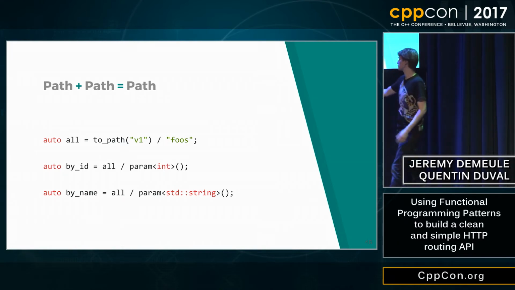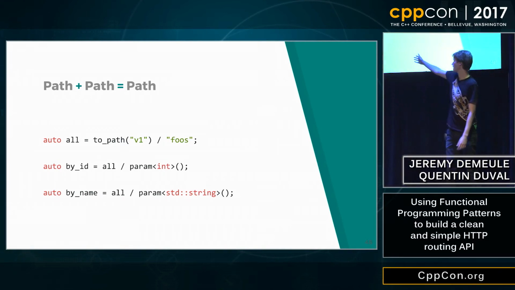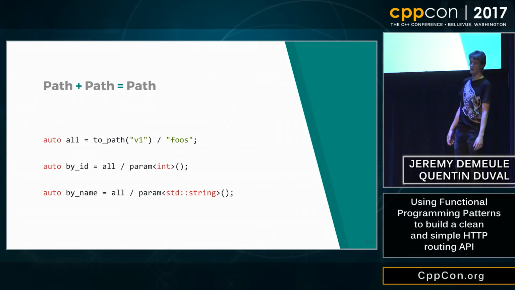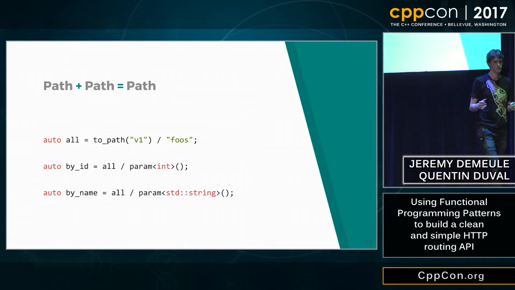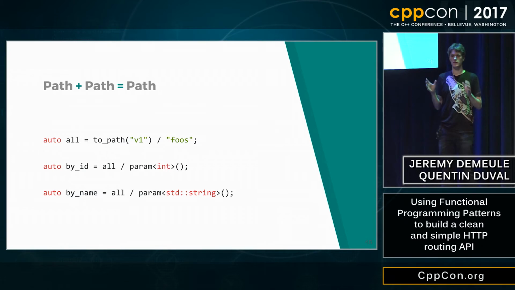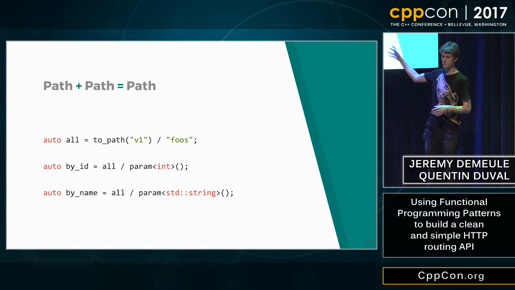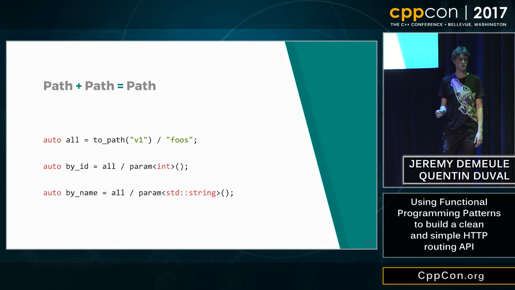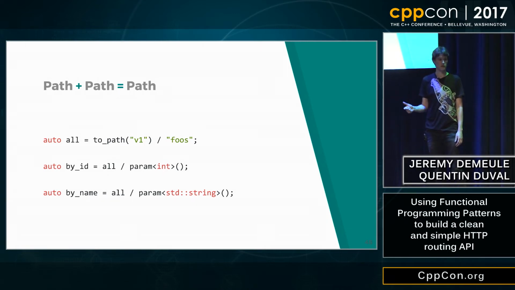So you can do, for instance, slash param std string slash param int slash user slash and so on. So you can compose this, and if you define a route with this path, the handler has to accept as many arguments as there are elements captured inside the URI. So if you have a lambda, and you have param int, param std string, the lambda will have to accept a request followed by an integer followed by a std string.